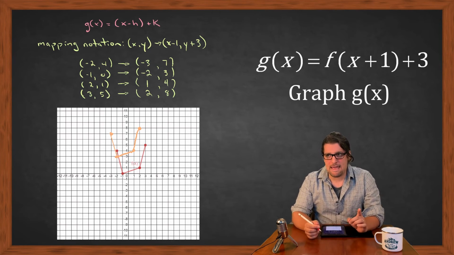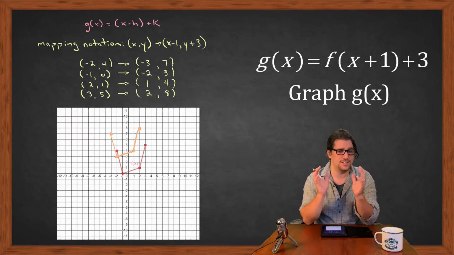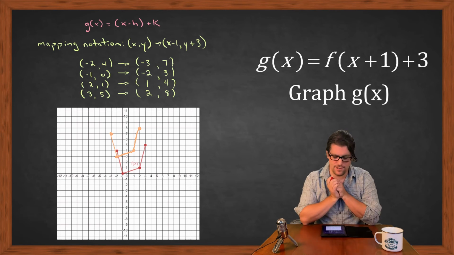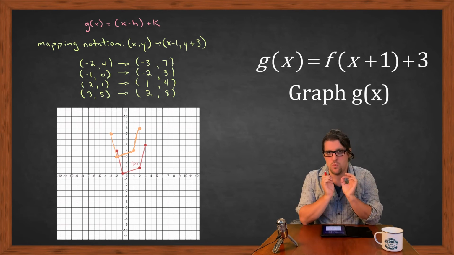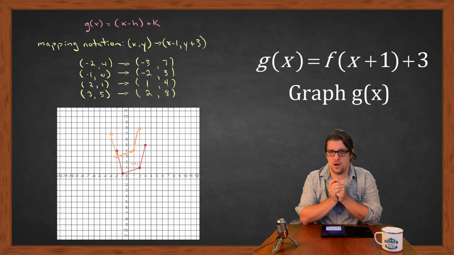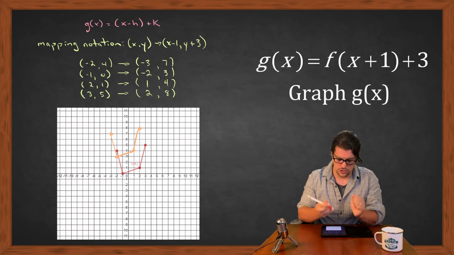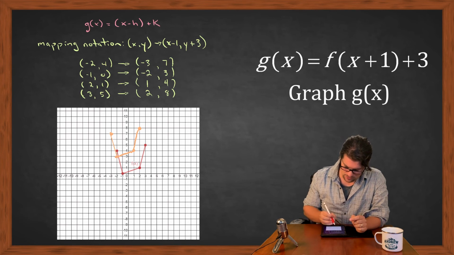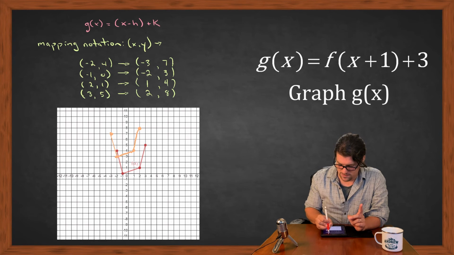Now, if you wanted to have, instead of talking your way through it every single time, a general form for this, what you could do actually, let me just get rid of this mapping notation up here for just a moment.